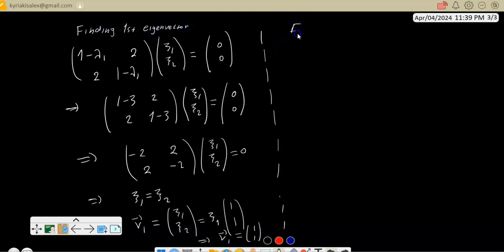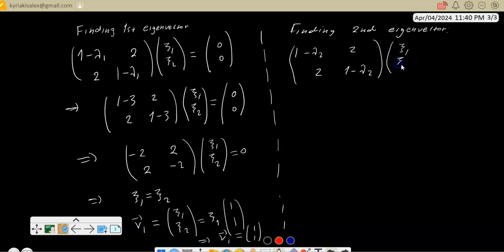And here, finding the second eigenvector. 1 minus lambda 2, times xi1, xi2, equal to 0. We said that lambda 2 is minus 1. 1 minus minus 1 gives me 2. So I get a matrix where all the elements are 2.